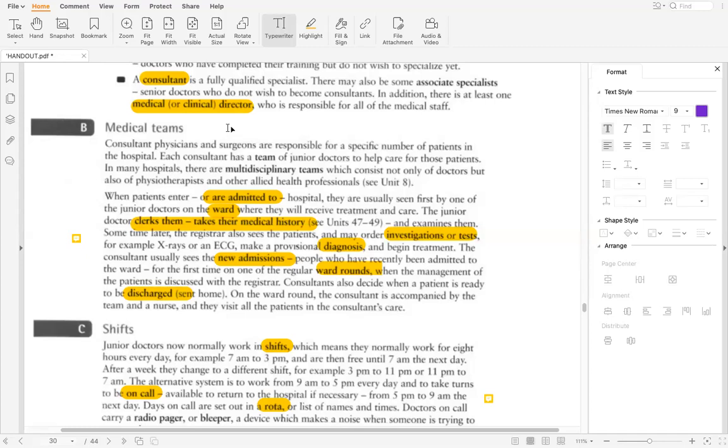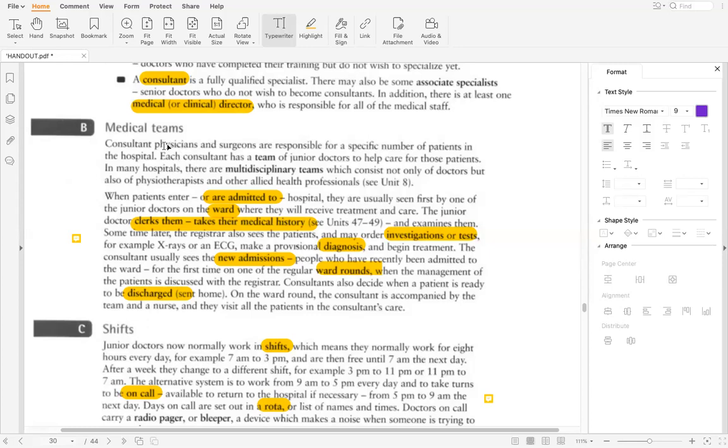Medical teams. Consultant physicians and surgeons are responsible for a specific number of patients in the hospital. Each consultant has a team of junior doctors to help care for those patients.